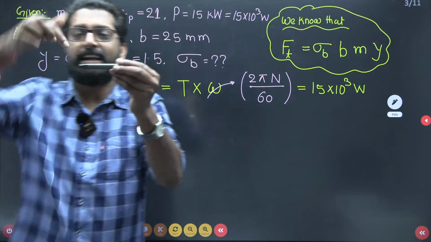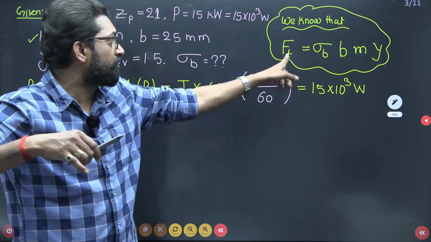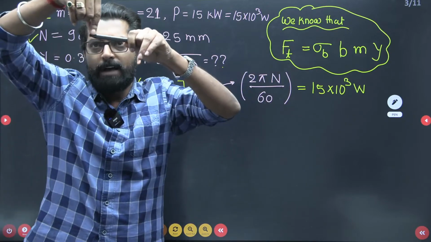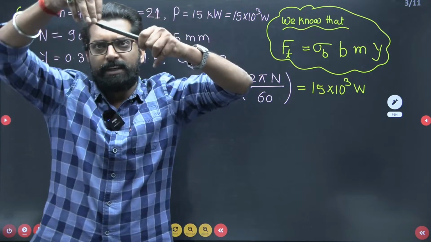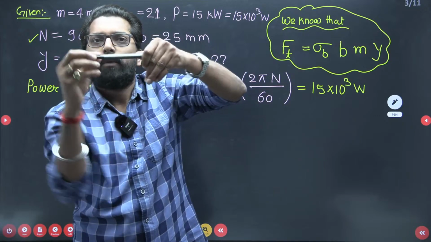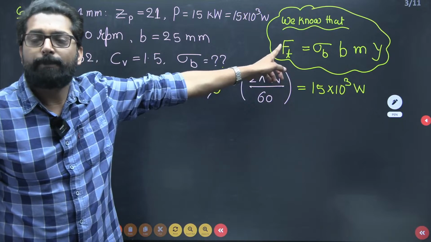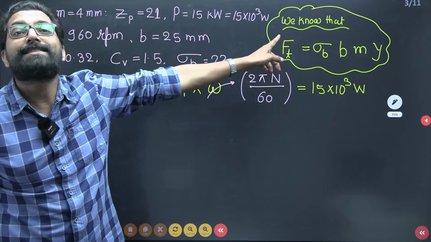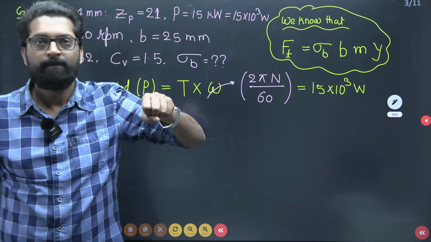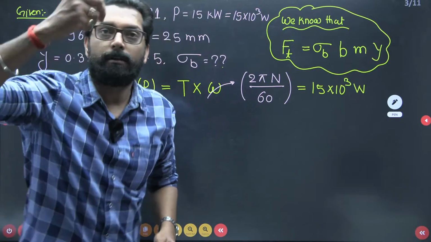If there is a tooth and we provide the tangential force Ft, that tangential force into this length gives the lever arm effect. That means it will try to rotate it. So Ft into this length gives the torque. So from here you can easily find the tangential force applied on the tooth, and that tangential force is responsible to rotate the gear.